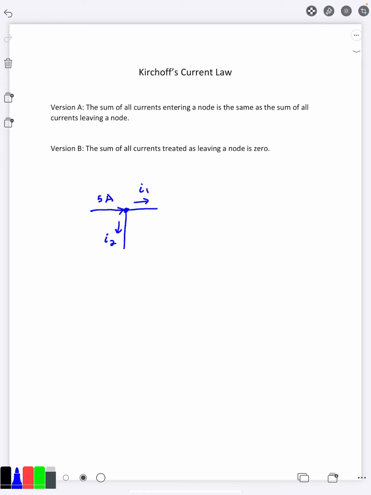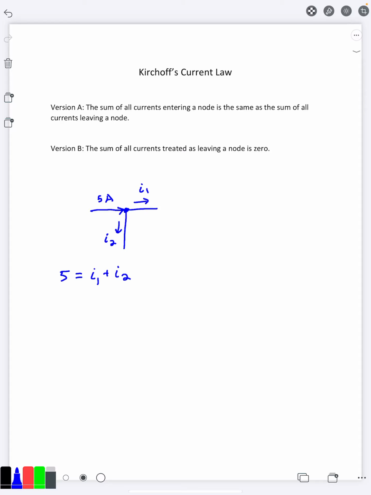Well, then what we are guaranteed is if there's 5 amps coming in, whatever charge is coming in is going to have to leave somehow. So some of it's going to go in I1, I2, but together that has to equal the total amount coming in. Or in other words, the amount coming in, 5, is equal to the amount going out, I1 plus I2.